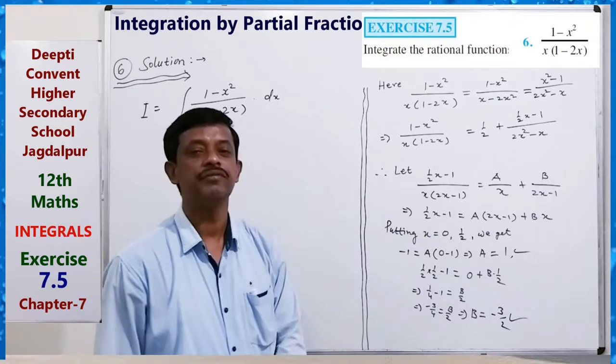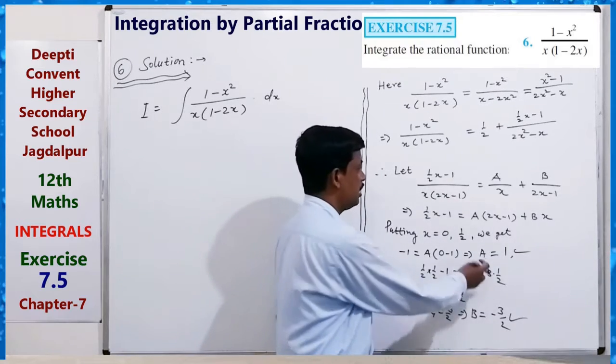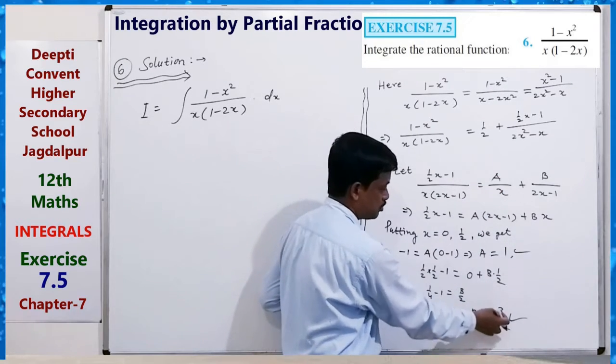So finding the value of a and b is the main thing. Now we can put a equals 1, b equals minus 3 by 2.